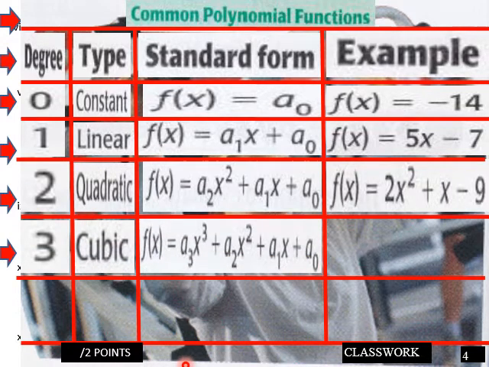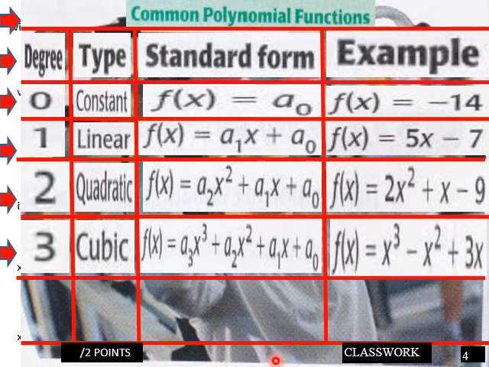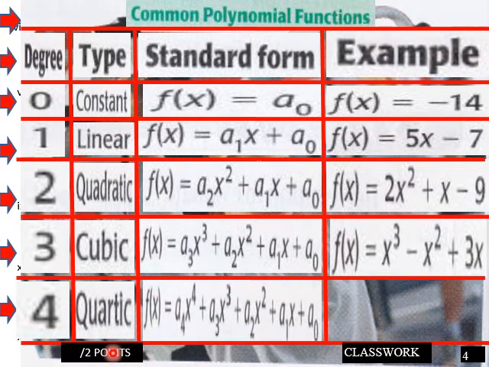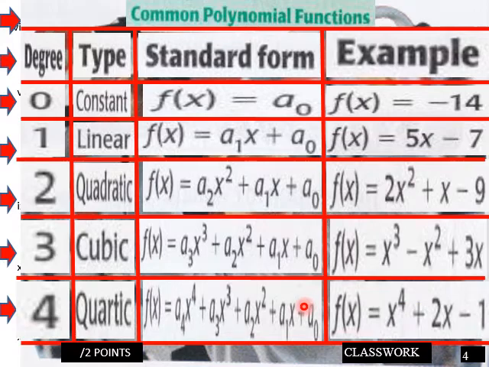Third degree is cubic, here is the form. See how your coefficients will decline as well as your powers, your degrees. And this is an example of that. And then 4 will be quartic. Here is an example of standard form, 4, 3, 2, 1, 0. And then here is an example of a quartic.